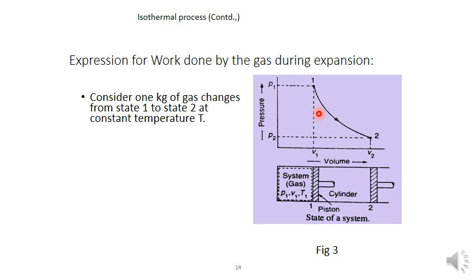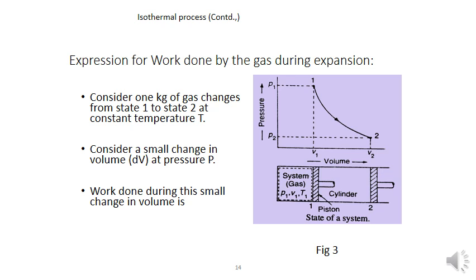Consider 1 kg of gas changing from state 1 to state 2 at constant temperature T. Here the temperature is remaining constant. Consider a small change in volume dV at pressure P. The work done during this small change in volume is P dV.